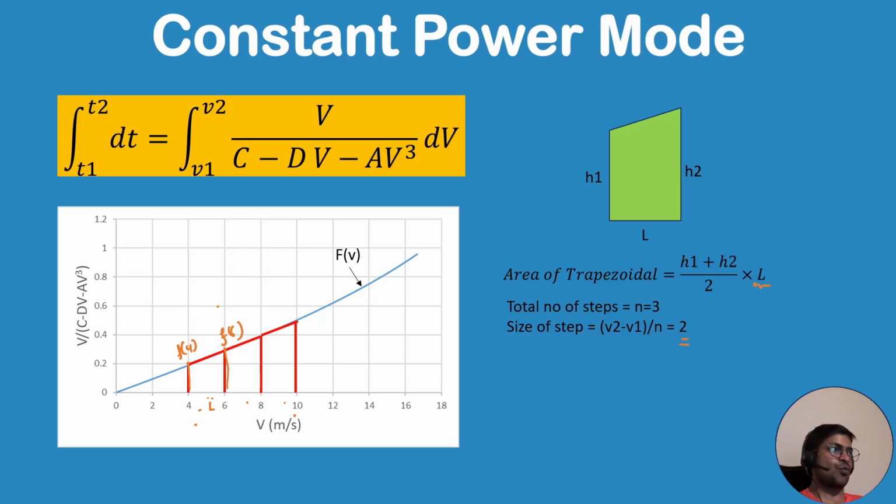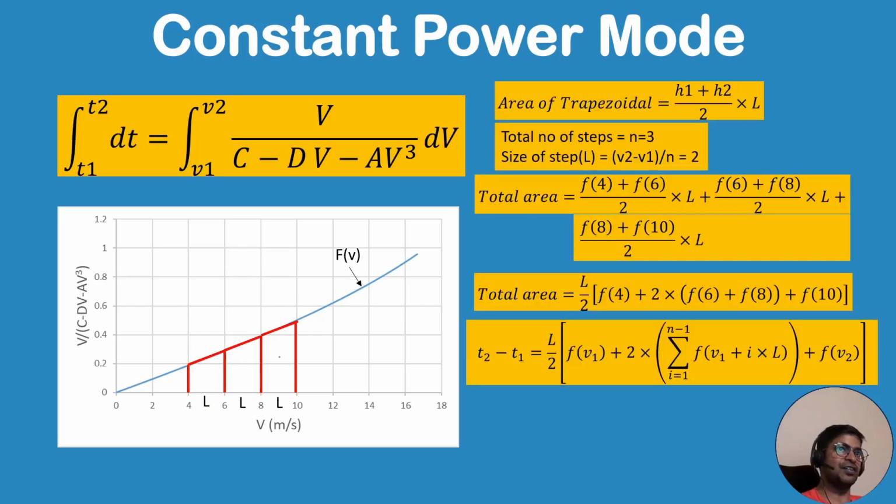And then the next thing we are going to do is calculate the area of all these 3 regions. So I wrote the area of this region here, which is f of 4 plus f of 6 divided by 2 multiplied by L. L here is going to be 2, because I have taken the step size as 2.